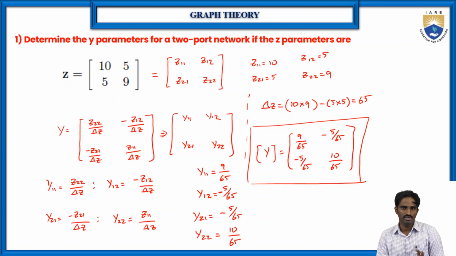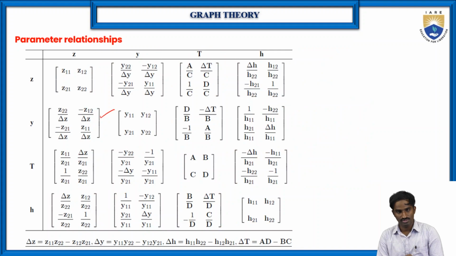We have all the relations between the various two-port network parameters. That's why I told you this is very important. From this table we can find any two-port network parameters, or we can write the relation between any of the two-port network parameters.